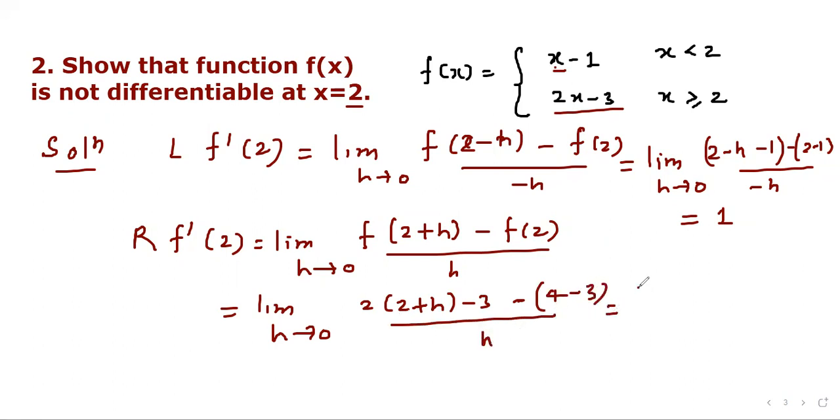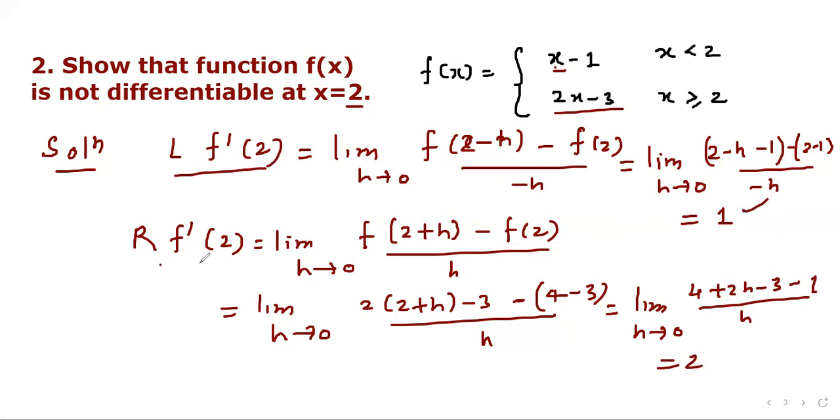We simplify. So limit h tends to 0, and this will become 4 plus 2h minus 3 minus 1 divided by h. That will give 2. So left hand derivative is giving 1 and the right hand derivative is giving 2. Since they are not equal, the function is not differentiable.